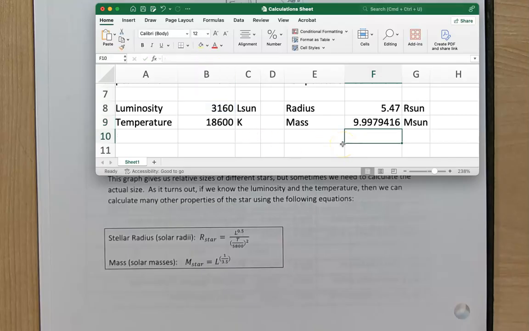So you've got to be careful and include those parentheses. That way it takes the luminosity and raises it to the correct power.